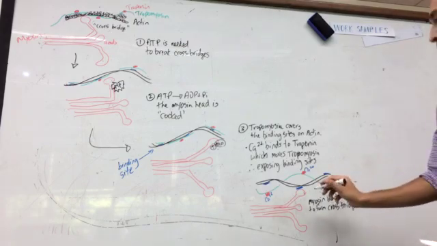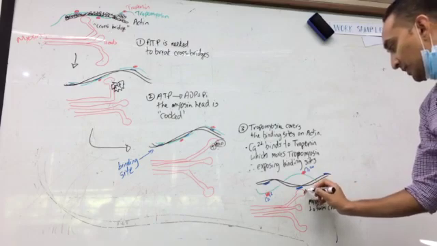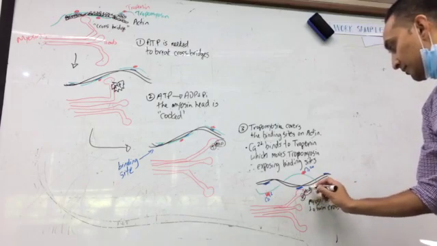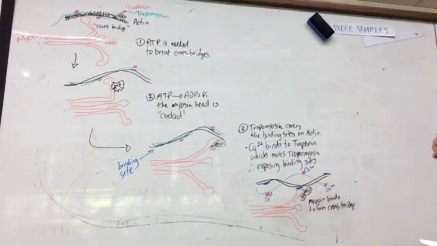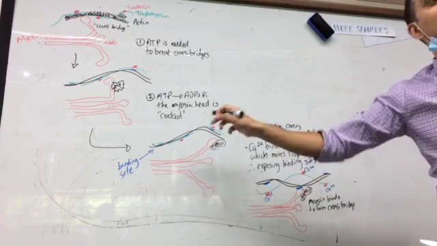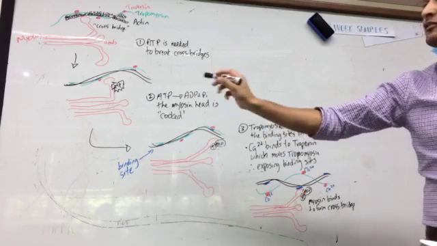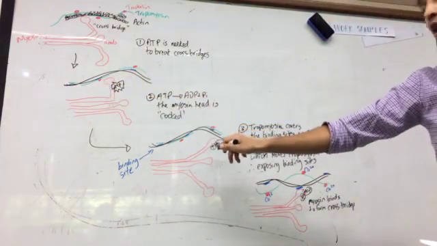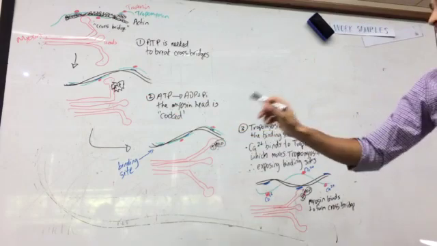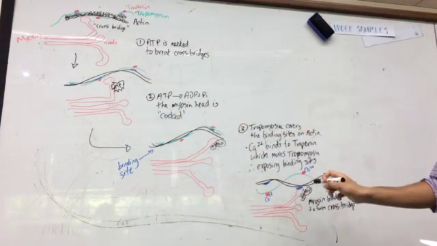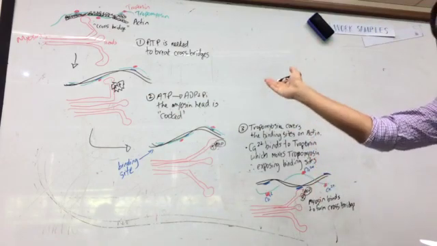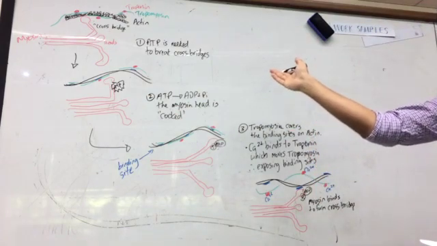We can say that ADP and Pi are still attached here. So if there's ATP, we can break the cross bridge and cock the myosin head. If there's calcium, the binding sites will also be exposed and you can attach the myosin to the actin.